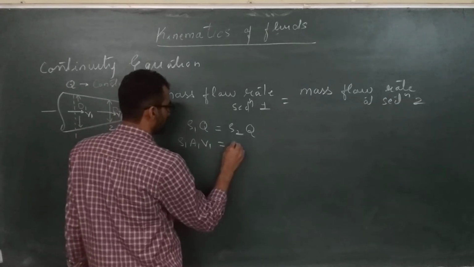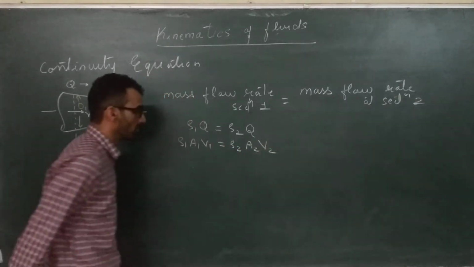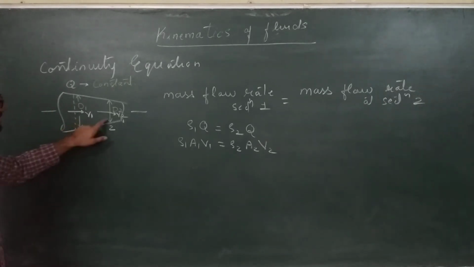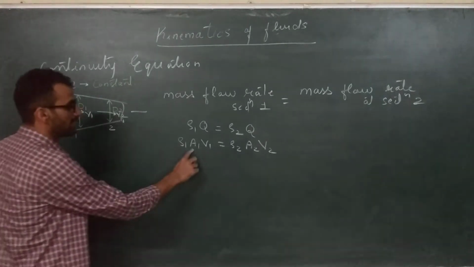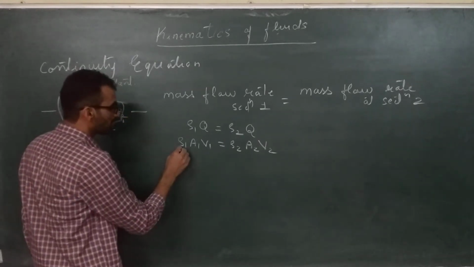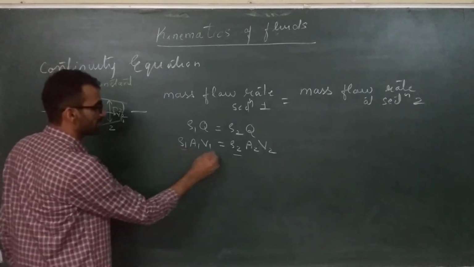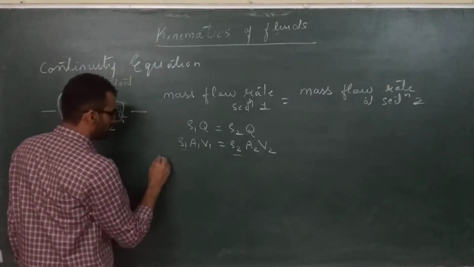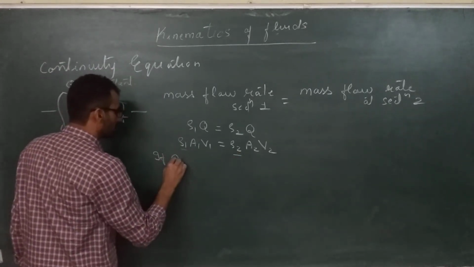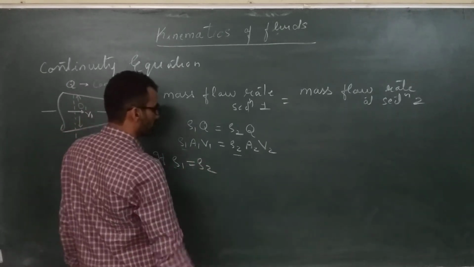So we have here rho 2, A2 into V2. Okay, so why would these velocities be different? Because we have different areas and Q is constant. So if your mass densities are not changing, if rho 1 is equal to rho 2, what we are getting?